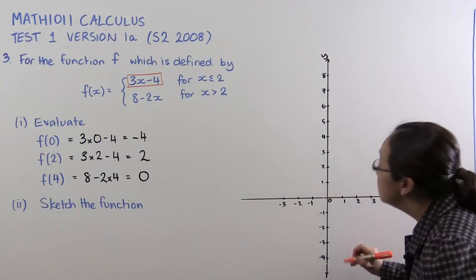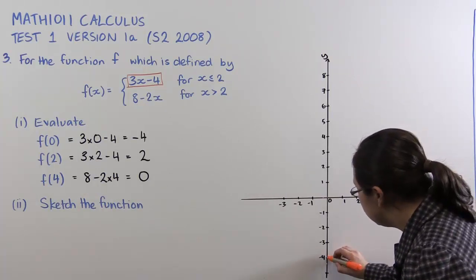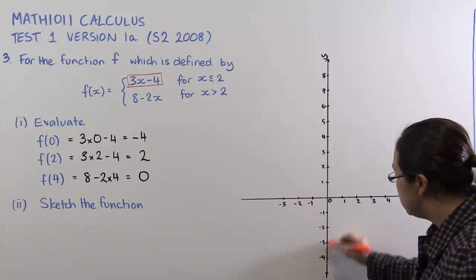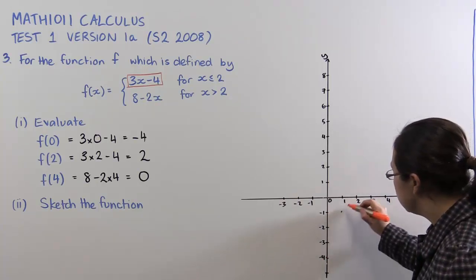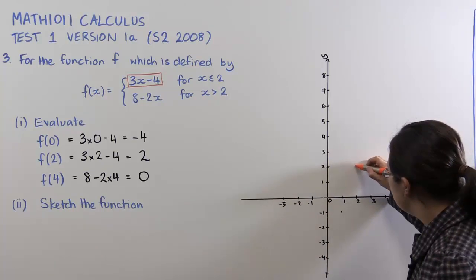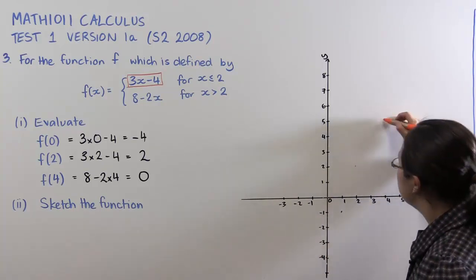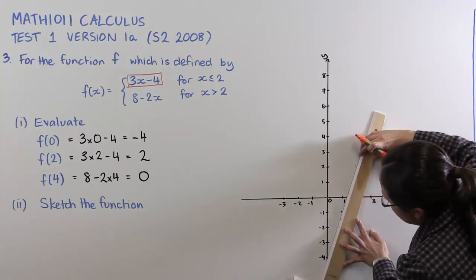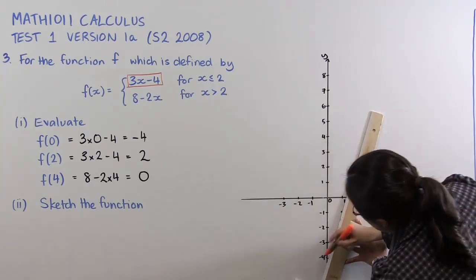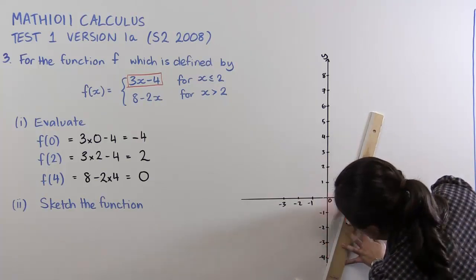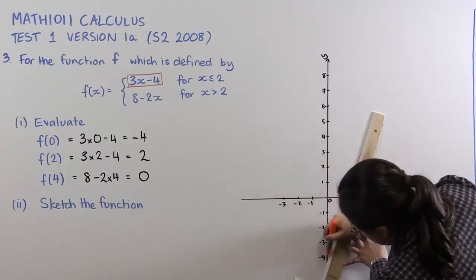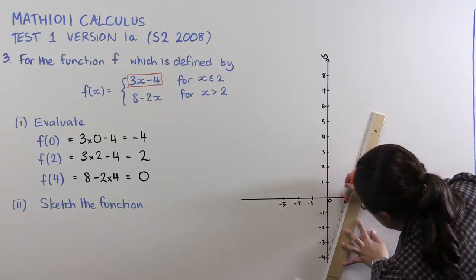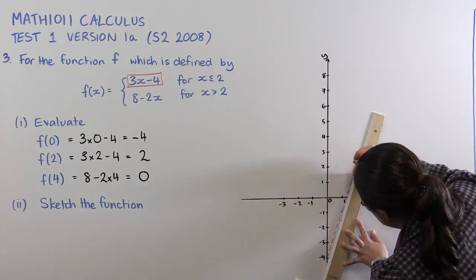3x minus 4 would go through minus 4, and it would go with a gradient of 3, so 3 up for every 1 across. So here's our graph of what y equals 3x minus 4 looks like. It's actually got an x-intercept of 4/3, and we could work that out by solving y equals 0.